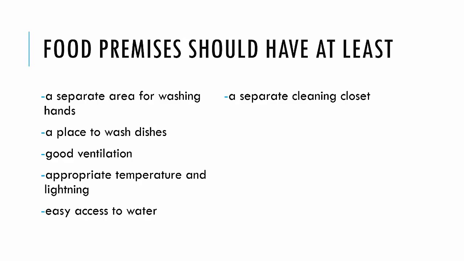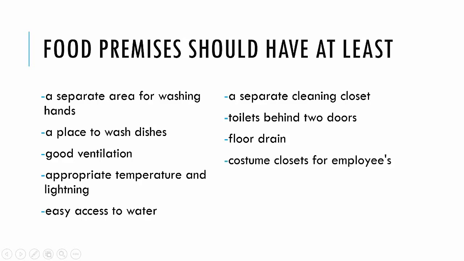closet from, for example, the kitchen area, toilets behind 2 doors, looking from, for example, the kitchen area, once again, a floor drain, that's something really important and crucial in most of the food premises, costume closets for employees, where they can keep their work clothes that are used in the food premises, enough work and storage space, considering the type of things that are meant to be done with the food goods.